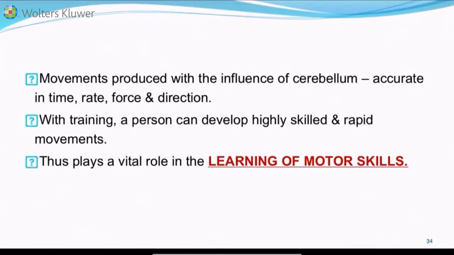All these are highly skilled movements which can be done only if the integrity of the cerebellar function is maintained normally, and that is what we mean by, with training, a person can develop highly skilled and rapid movements. So the cerebellum plays a vital role in the learning of highly skilled motor activities.